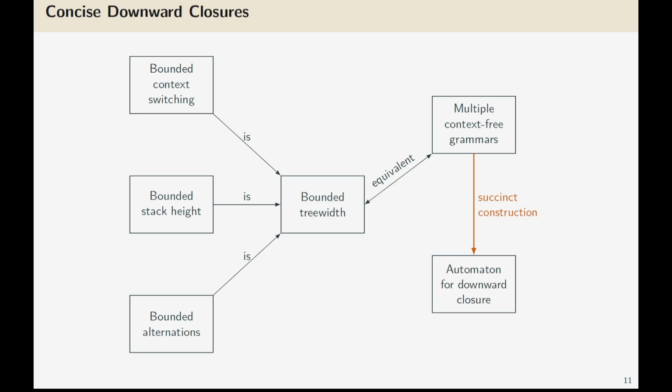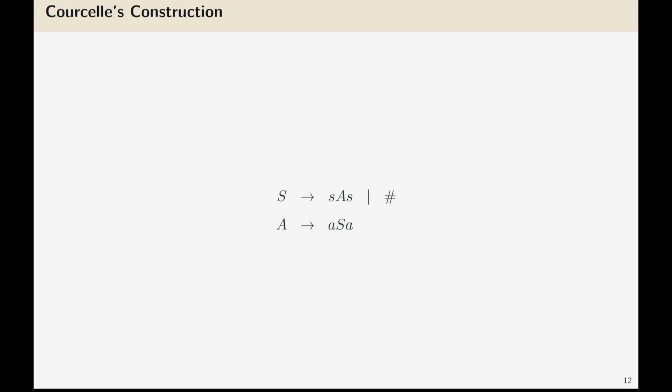The other thing that I want to talk about, obviously, is how to find a succinct construction for the downward closure. And I think for that, it's helpful to consider how we construct downward closures for normal context-free grammars. This is a long-standing result from Courcelle, called Courcelle's construction.